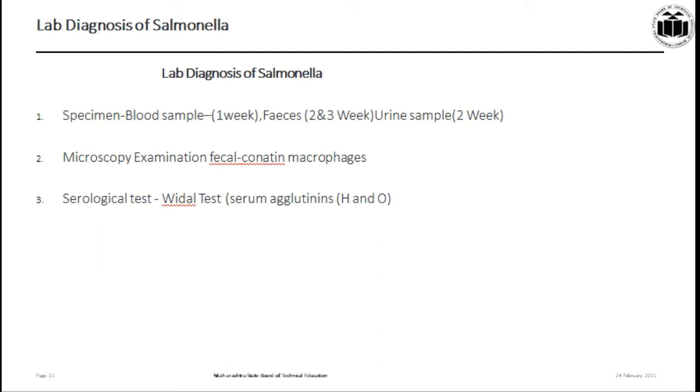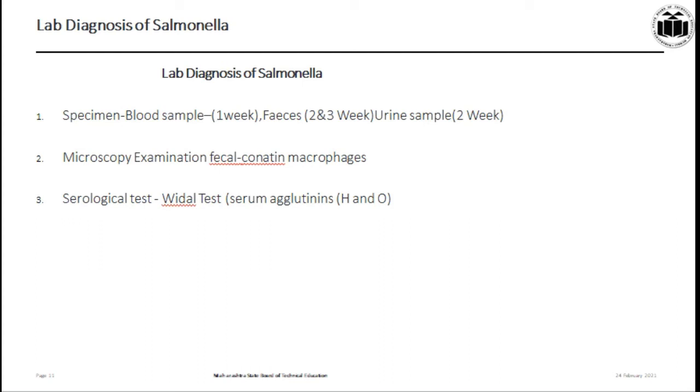In 2 to 3 weeks, this Salmonella can be observed in feces, while after 2 weeks, Salmonella can also be seen in the urine sample. So whatever sample you have collected, depending upon the duration of the infection, it can be found in urine, feces, as well as blood.